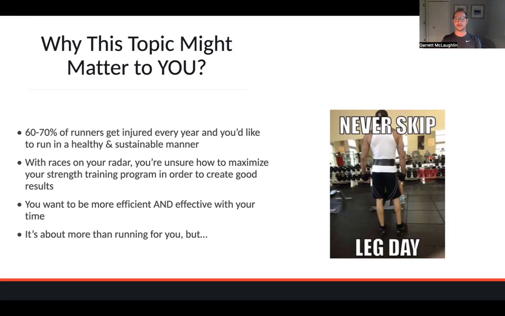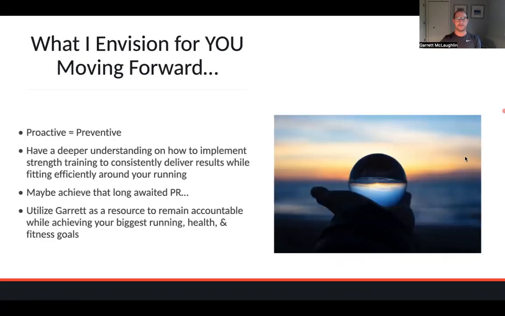So I think if we can create good programs, it still allows us to see these positive results from a running standpoint, but ties in some of these other areas as well. We can really set ourselves up for success moving forward. So hopefully with what we cover today, you can take a more proactive approach because, like I said, the injury rates are so high with running, and we can prevent or reduce the likelihood of injuries. You'll only be able to perform better, see better results, and enjoy the sport more for years to come.